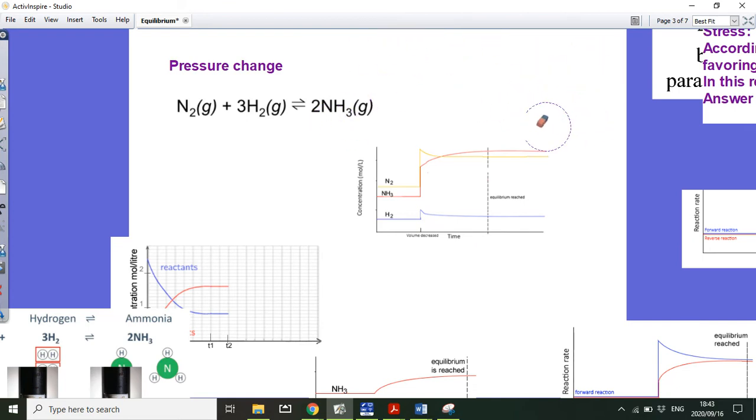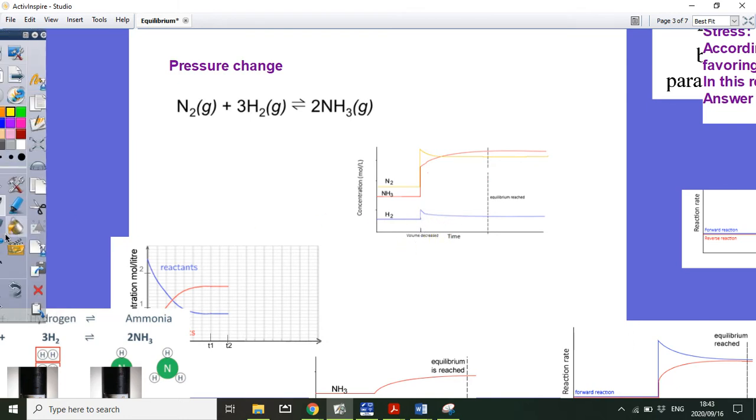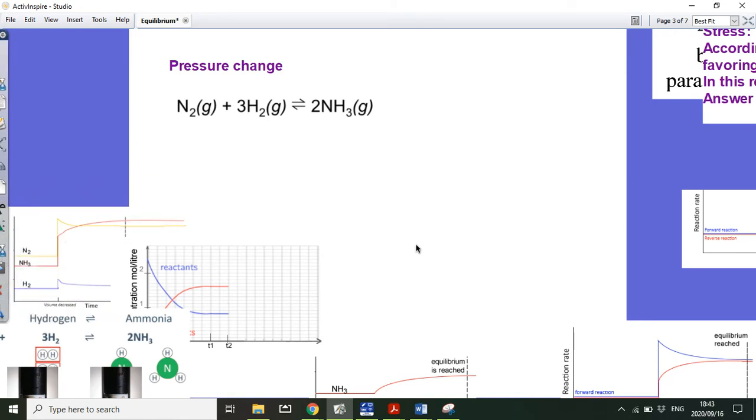Now we just need to look at what the rate graph is going to look like. So let's keep with the scenario where the volume was decreased. If the volume was decreased, remember my pressure was increased, and all the concentrations go up.